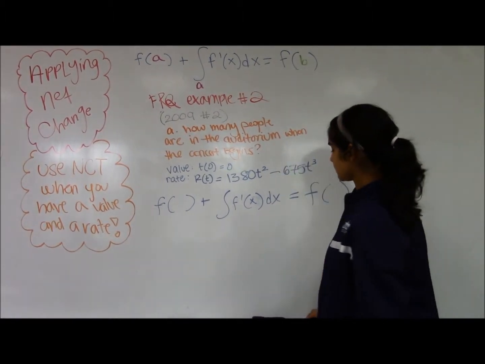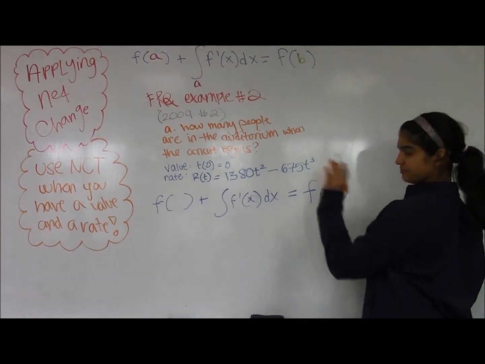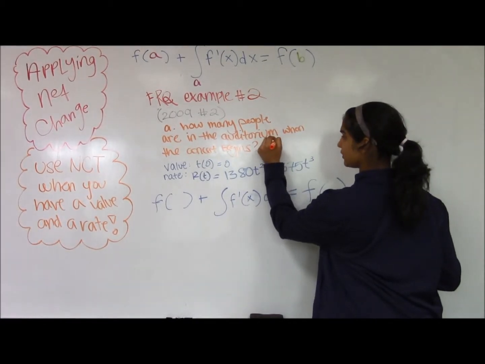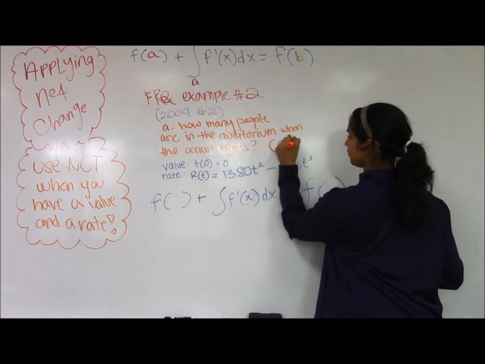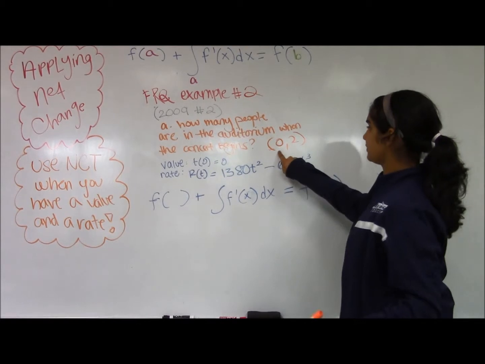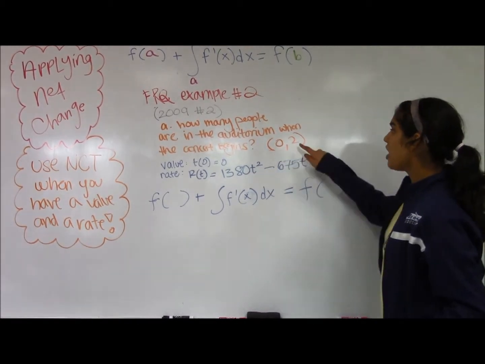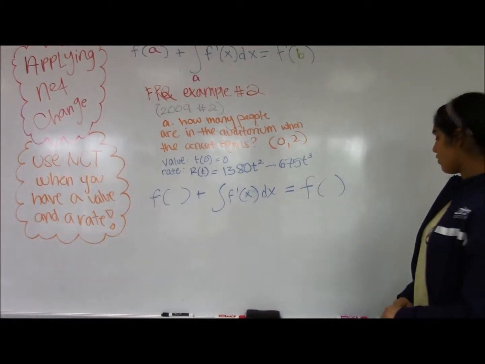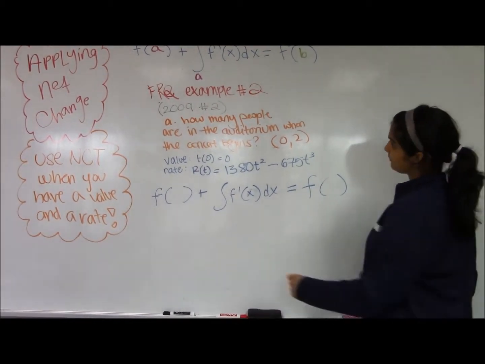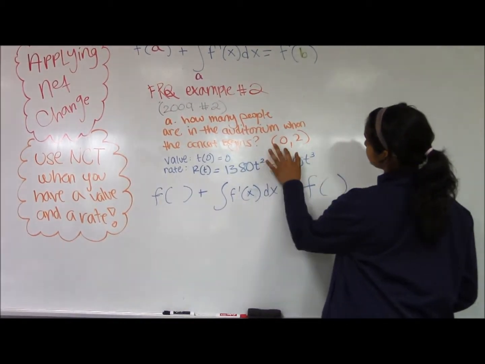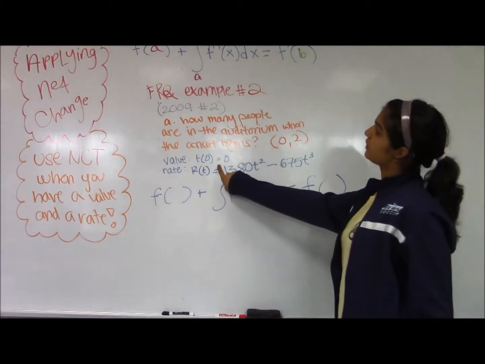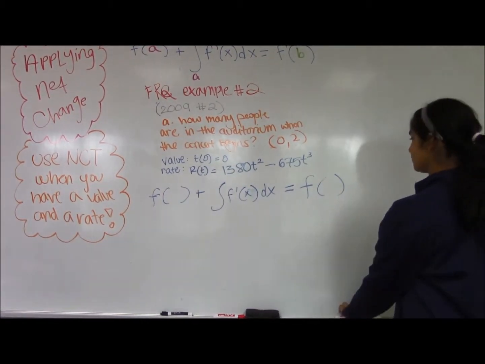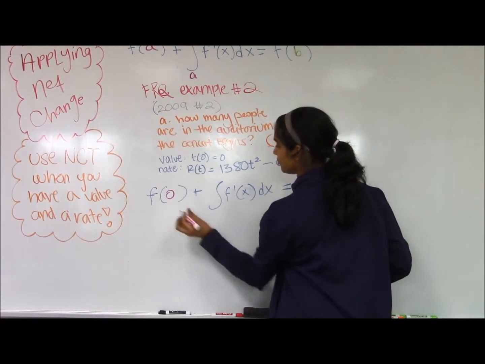And it also gives us a very important time interval that I failed to write on the board, and it's from 0 to 2. It says that at time equals 0, there's no one there, but the concert begins at time equals 2. So you know that the f of a would equal 0 because it is the value given to us, and it is the starting value, so a equals 0.